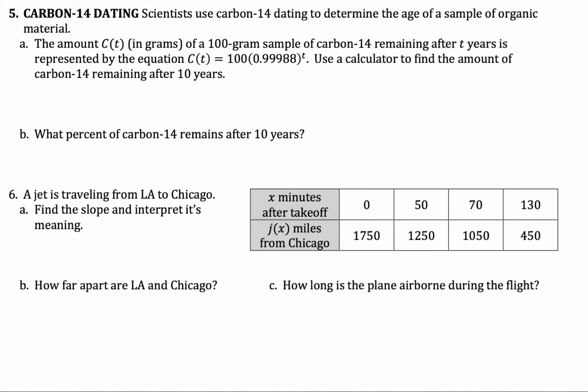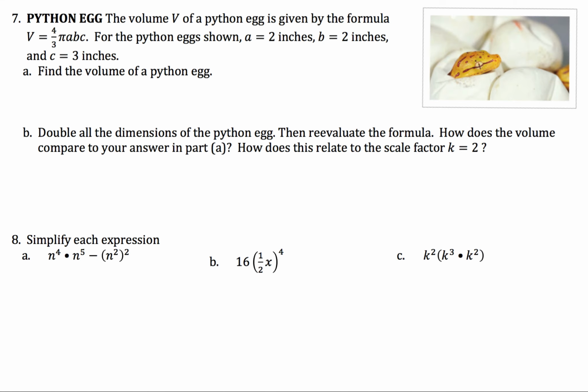Number 6 is dealing with linear equations. Number 7 is going to have you do something with exponents. Well, actually, it's talking about volume, so it's just getting you to think, and we're going to be doubling some things. Number 8 is simplify each expression, and that's to see if you can apply the rules we've gone over.